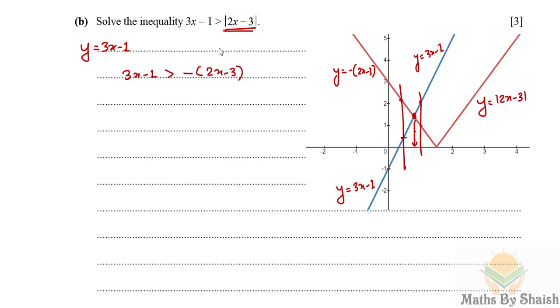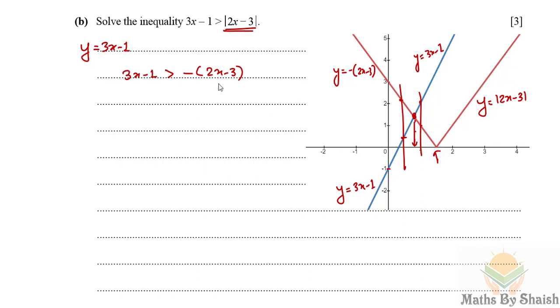We need to be very careful here, because I have taken the minus because this line was y is equal to 2x minus 3. Once it was reflected from this, it became y is equal to minus of 2x minus 3. That's why it is a modulus function.